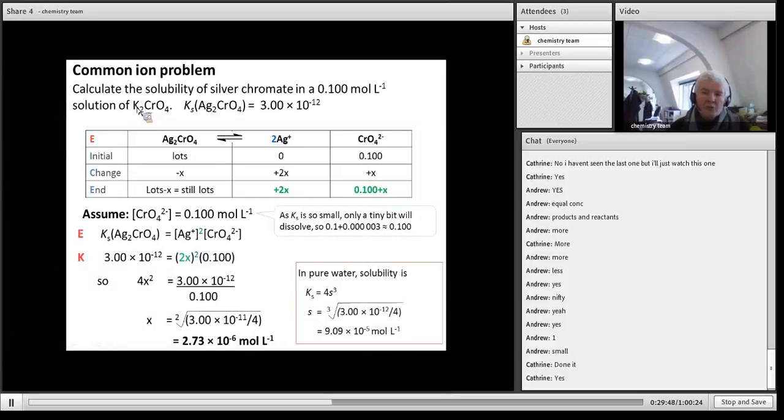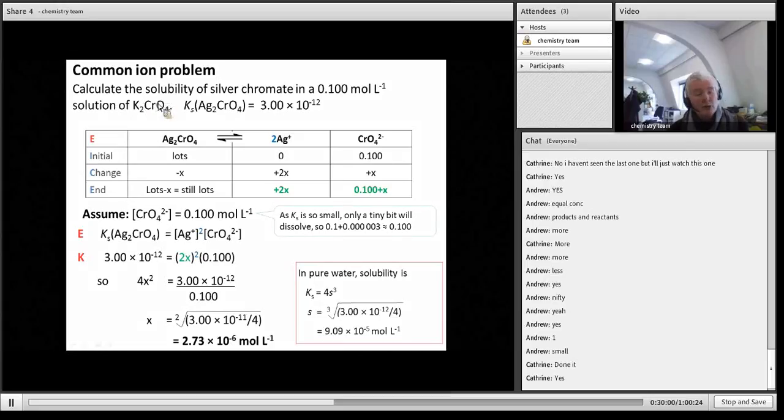Then for 0.1 mole per liter of potassium chromate, can you see I've got 0.2 moles per liter of potassium, and 0.1 moles per liter of chromate. So say the common ion was potassium, then in your assumption you'd have to say it would be 0.2 because I've got twice as much potassium. Does that make sense, or have I now confused you?